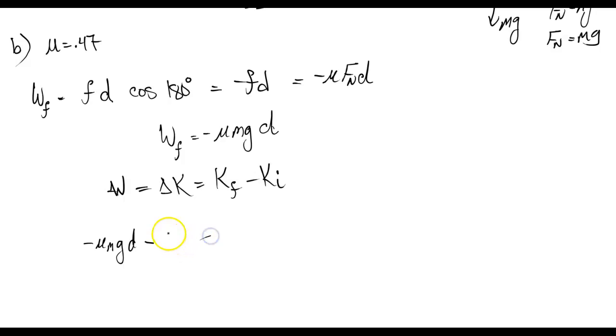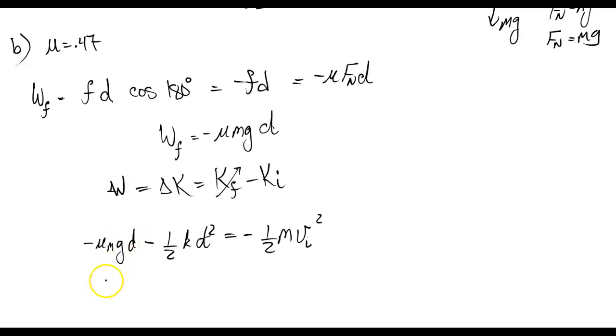Then we have the work done by the spring. Again, it reaches a final position that stops, so this is minus 1/2 m v initial squared.